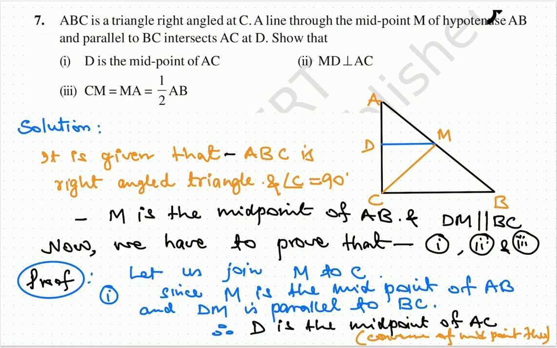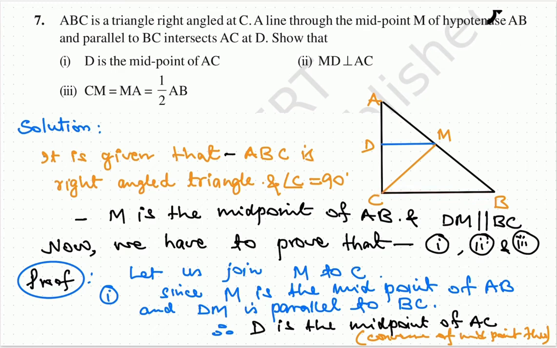As per the question, it is given that ABC is a right angle triangle and angle C is 90 degrees. M is the midpoint of hypotenuse AB and it is also given that MD is parallel to BC.